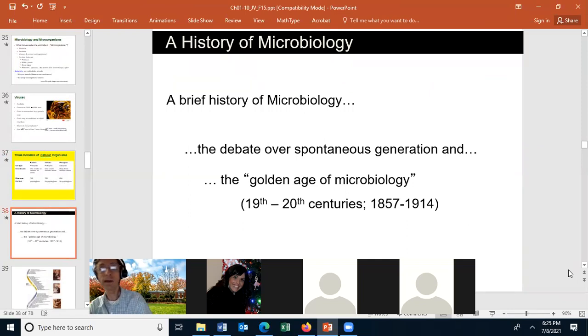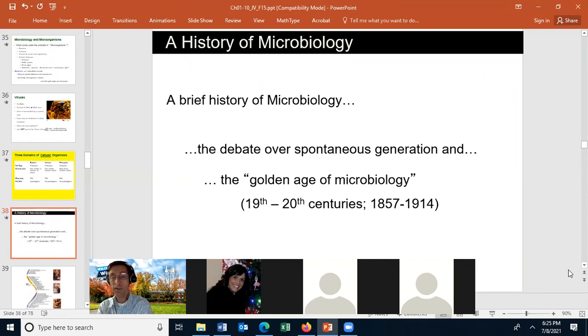A brief history of microbiology. When we're talking about the history of microbiology, it largely pertains to the debate over whether or not microbes could spontaneously generate. And then the history of microbiology also refers to the golden age of microbiology, when microbiology was first getting started.